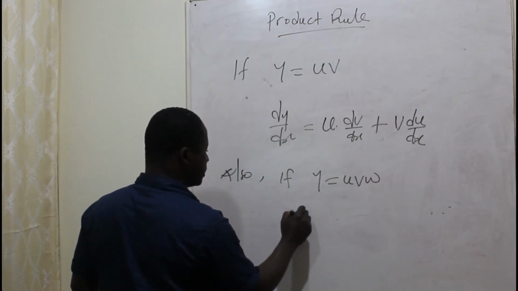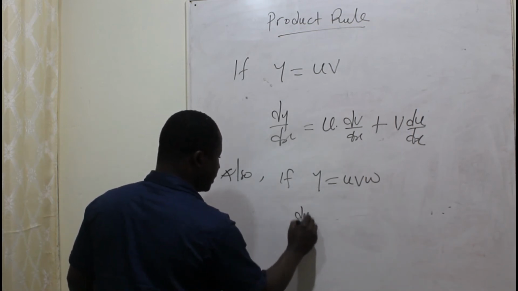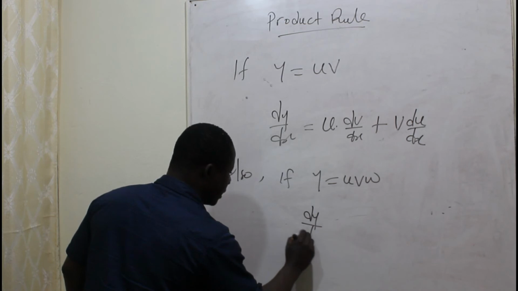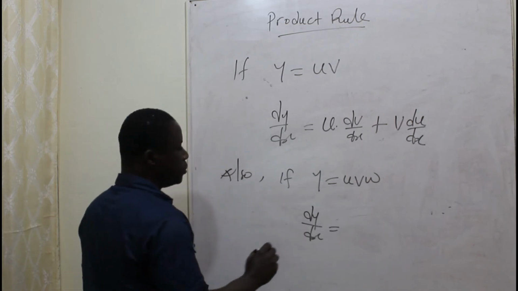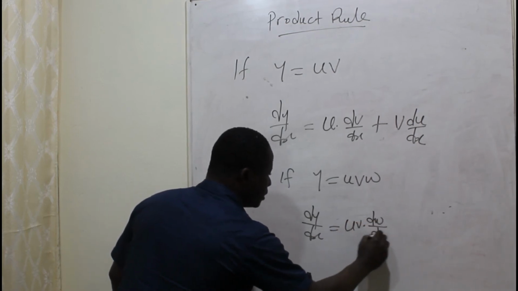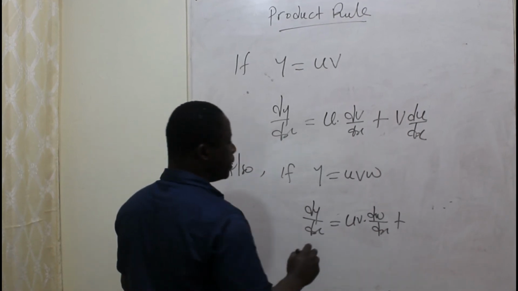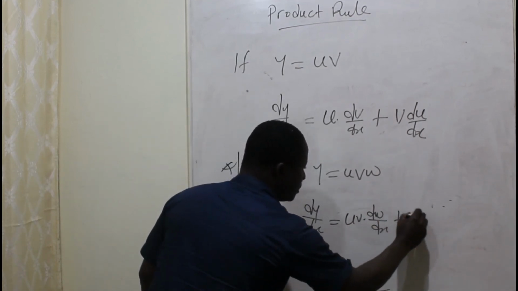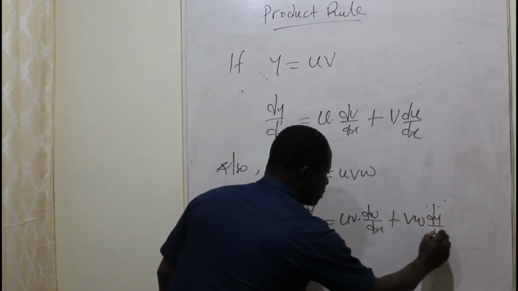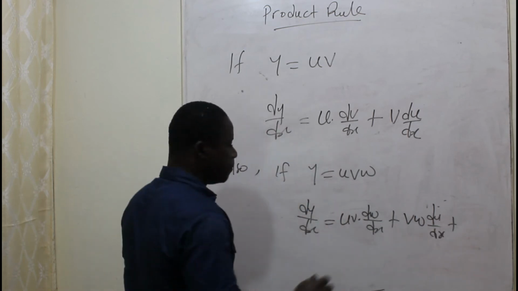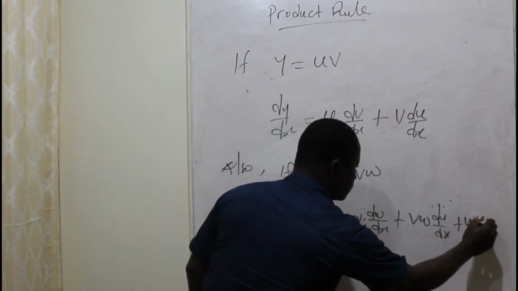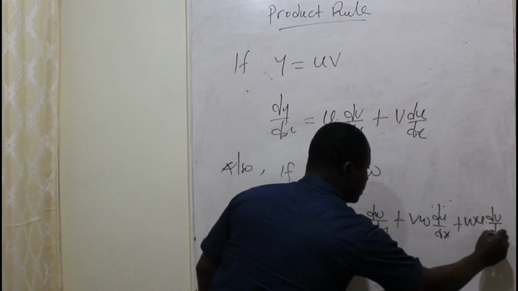So in this case, dy/dx is going to be: you maintain uv, then you find dw/dx, plus you maintain vw, then you find du/dx, plus you maintain wu, then you find dv/dx.